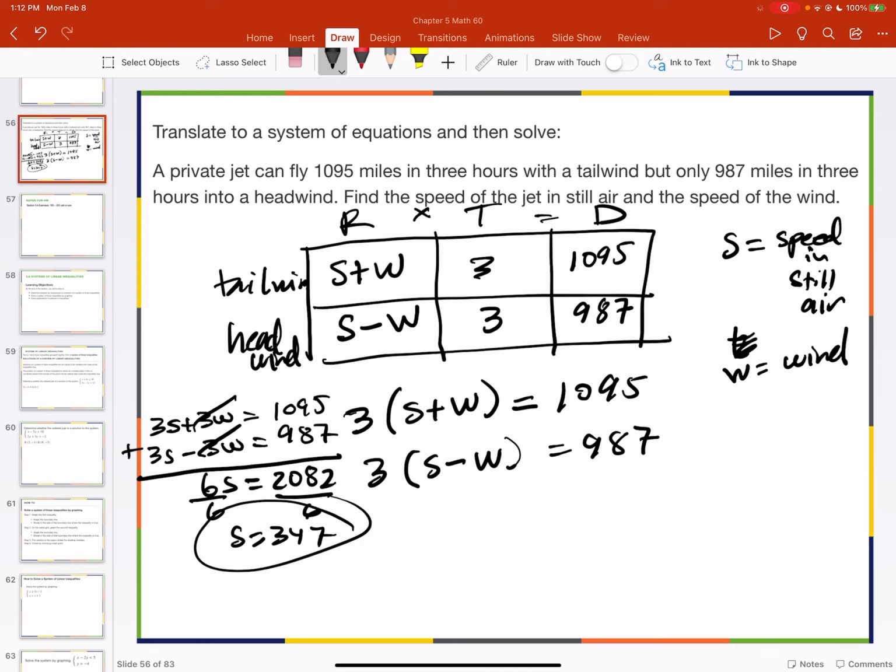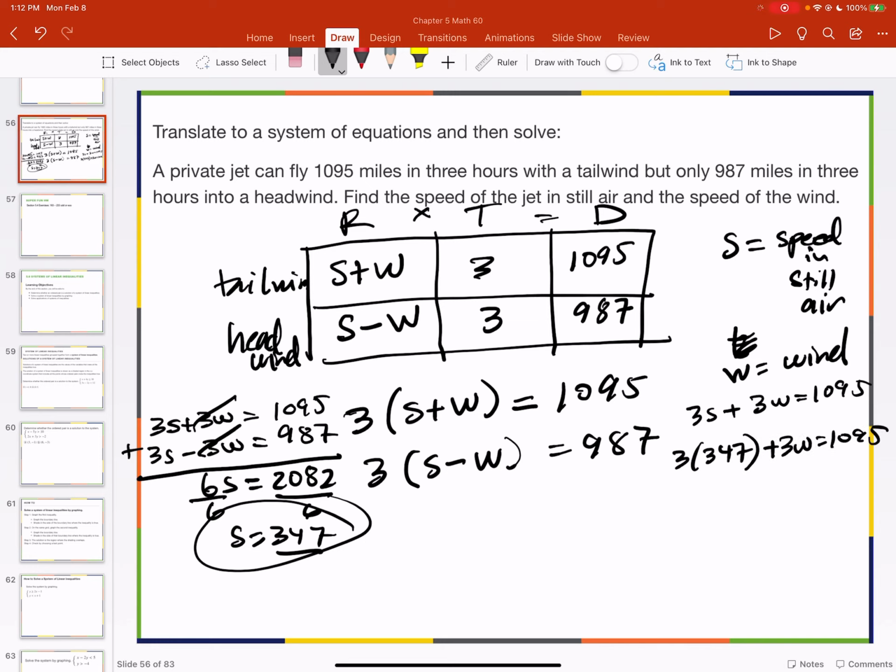So then you can plug it into either one, right? So let's see, the top one: 3S plus 3W is equal to 1095. We know that S is 347, so 3 times 347 plus 3W is equal to 1095.